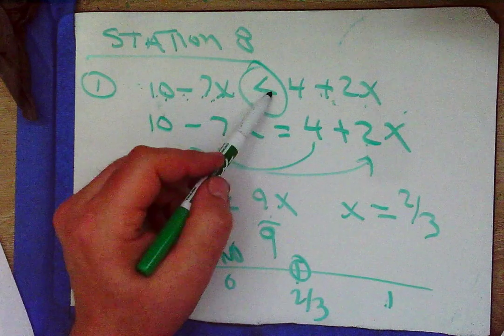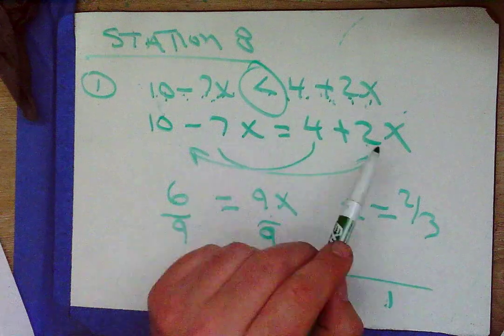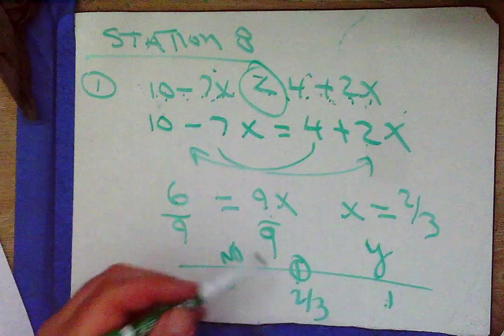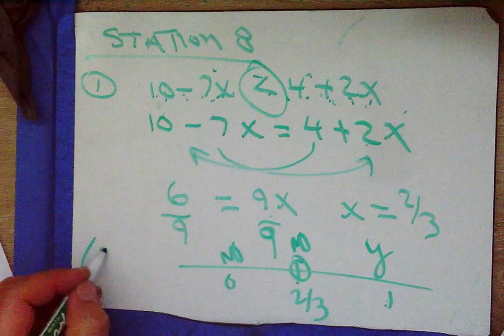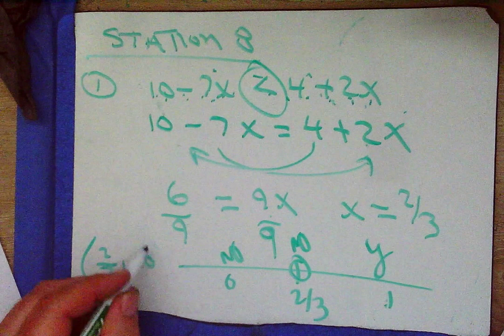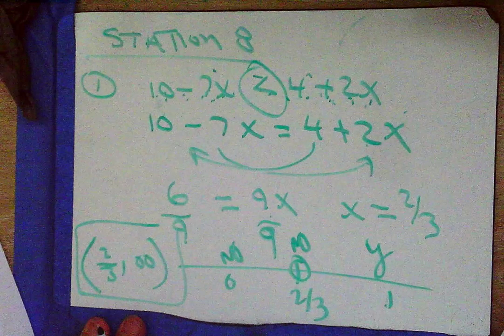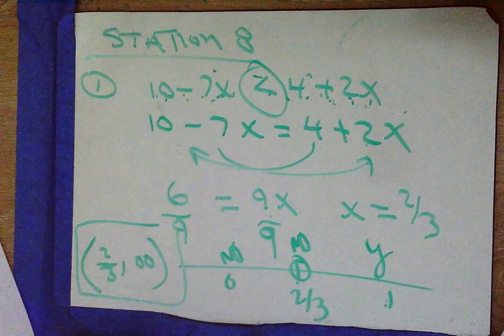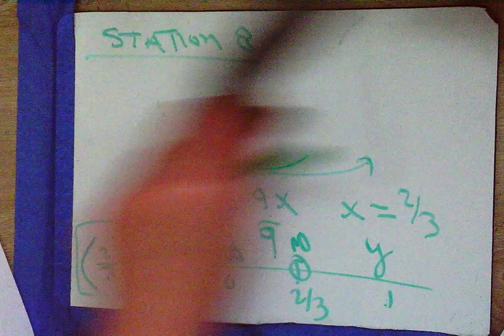Is 3 less than, I'm plugging in a 1, 2 times 1 is 2, plus 4 is 6. Is 3 less than 6? Yes. So what's my solution look like? Well, parentheses, 2/3 to infinity. That's my solution. Remember, your solution to an inequality is almost always going to be an interval.